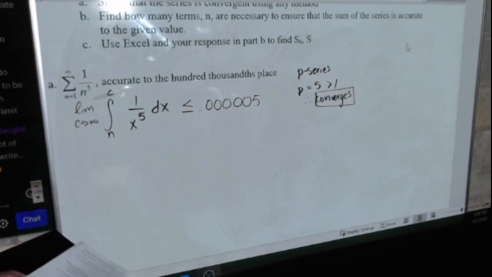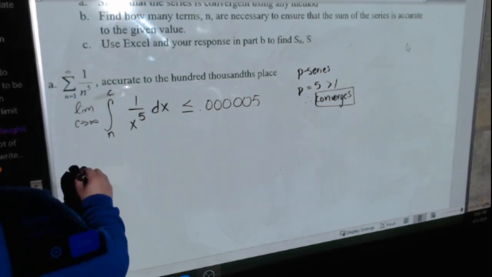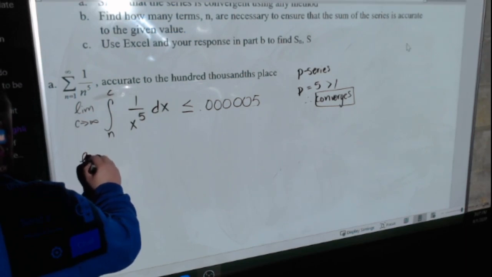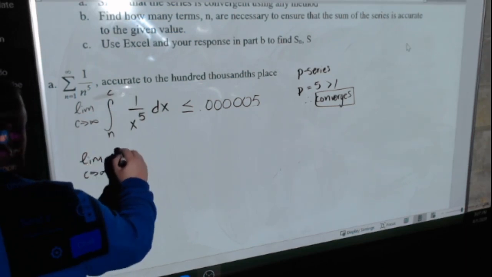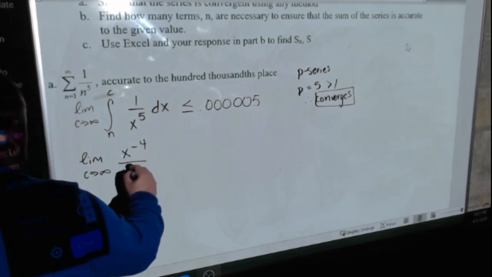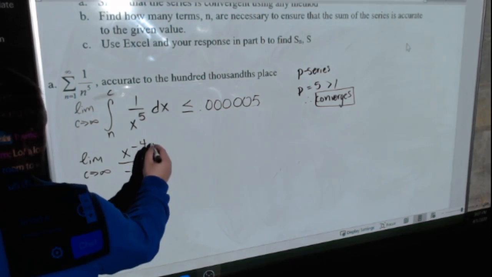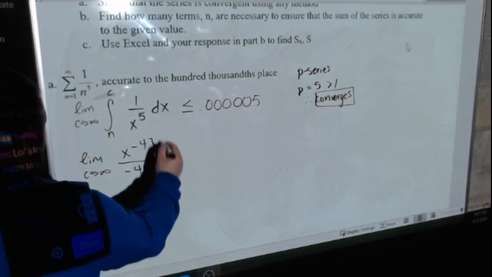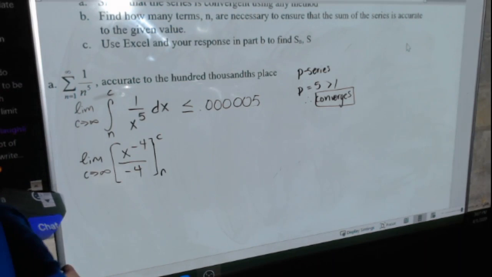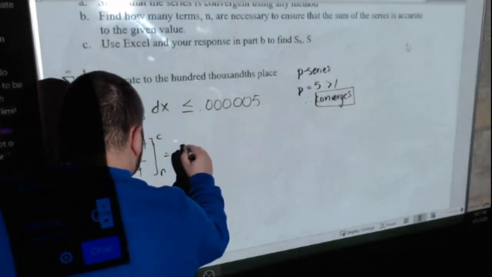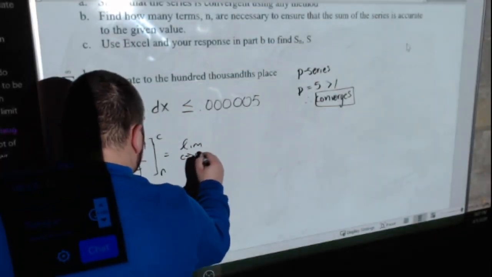So let's solve this integral now. This is really x to the minus 5. And so if I integrate that, I get x to the minus 4 over minus 4. And I'm evaluating from n to c. Plugging those in, this is the limit as c approaches infinity.